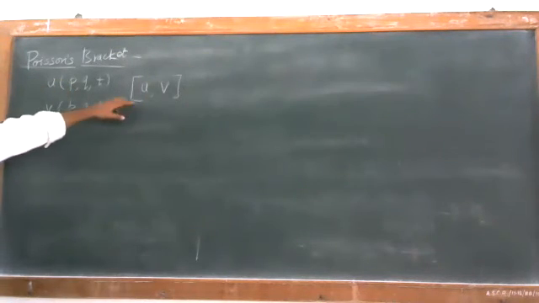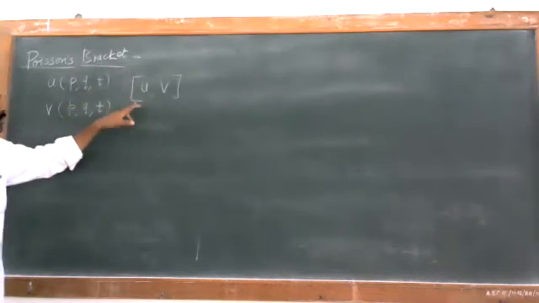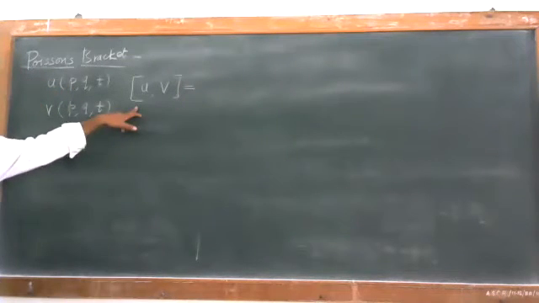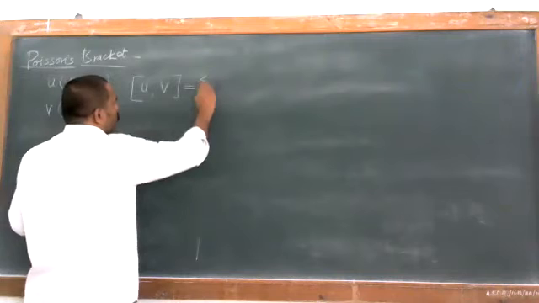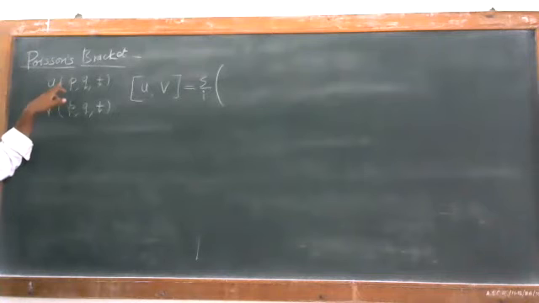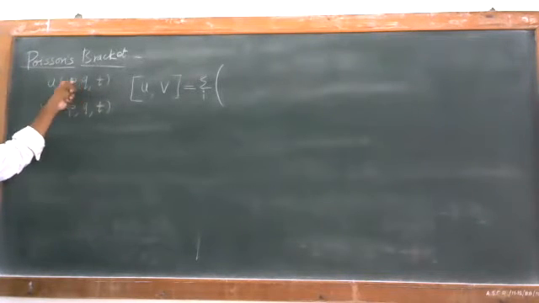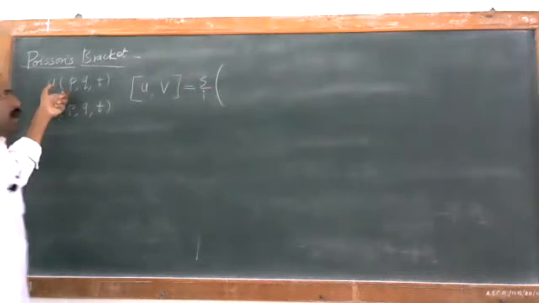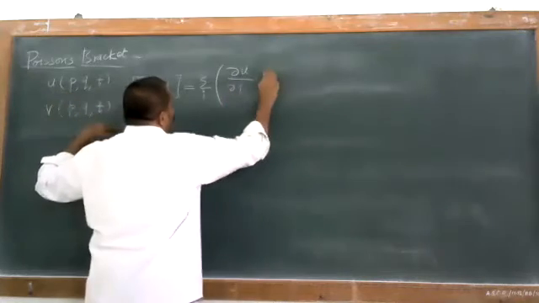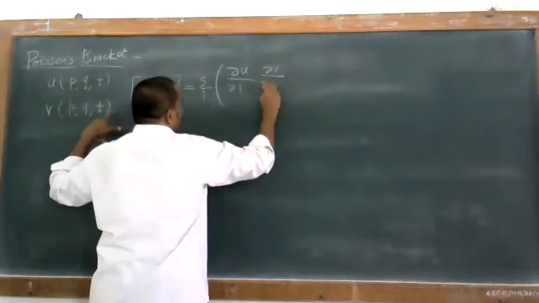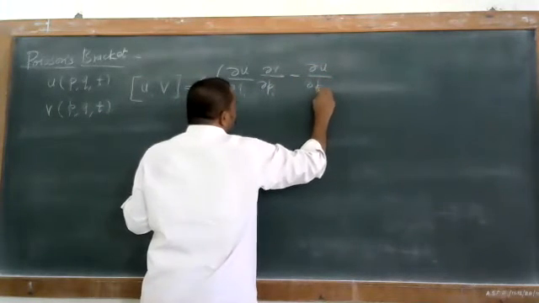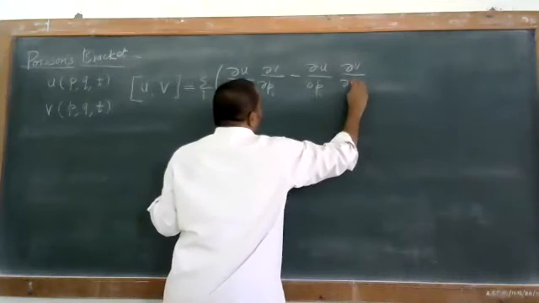Square bracket मध्ये हे घ्यायचं. So the Poisson bracket can be given in terms of the square bracket of u, v, and that is equal to summation over i, ∂u/∂qi into ∂v/∂pi minus ∂u/∂pi into ∂v/∂qi.